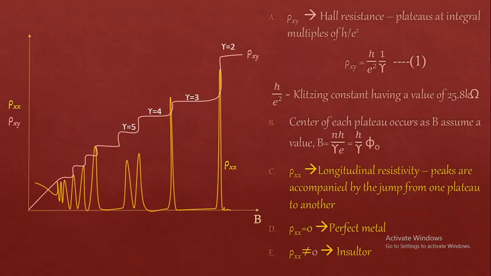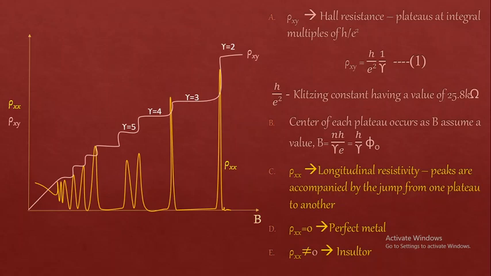Based on this we can say the two-dimensional system is undergoing a series of transitions from insulator to metal, metal to insulator, and so on. Whenever there is a peak, it is acting as an insulator, whereas when it is flat, that is when resistivity is equal to 0, it is acting as a metal. This keeps switching in a two-dimensional system, when we have current and magnetic field perpendicular to each other, due to which voltage is produced perpendicular to both directions.